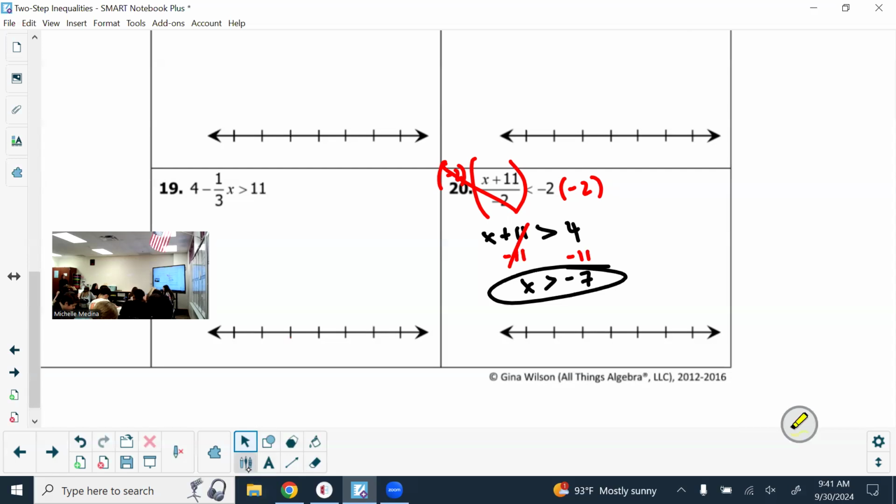Notice that multiplying by a negative is one of those two things we wrote on the front of our paper that needs to make the sign flip. So at this stage, it should be x plus 11 greater than 4 because of that sign flip. And remember, if you ever want to break up a fraction, multiply by the denominator. Now it's no longer a fraction. And then it becomes really easy from here. Just subtract 11 on both sides, and x is greater than -7. It has to face this way. Check your answer.